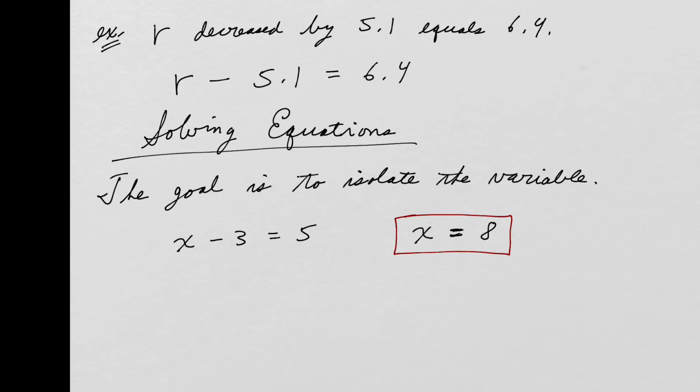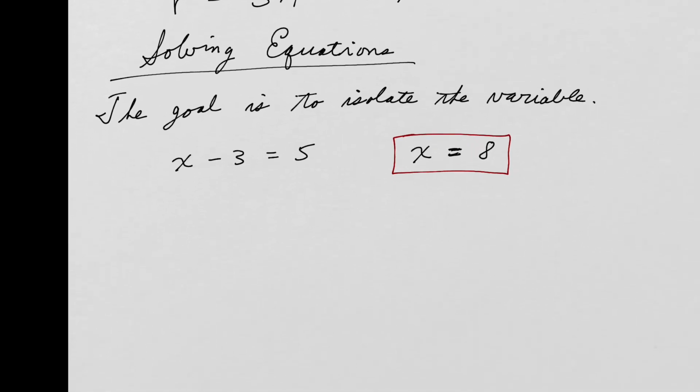Okay, so if we can isolate the variable, then it's easy to read off the answer. So the whole goal is to come up with an equivalent equation where the variable is isolated. So let me note that these are equivalent.